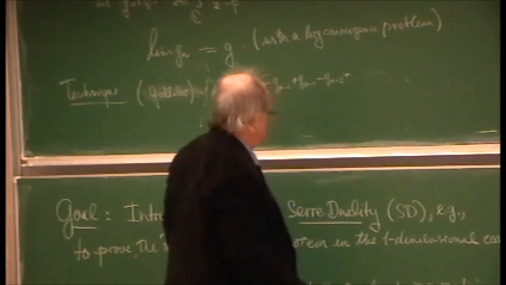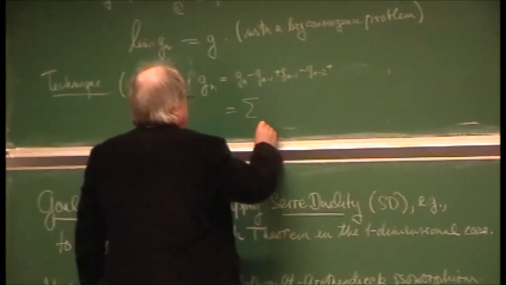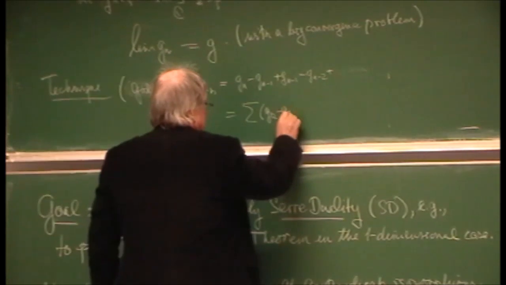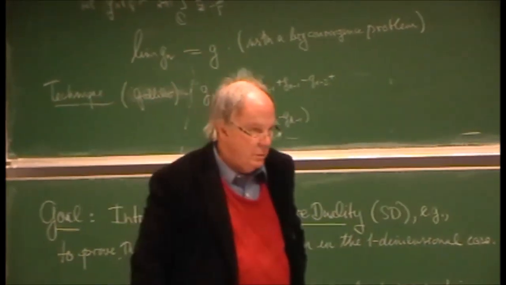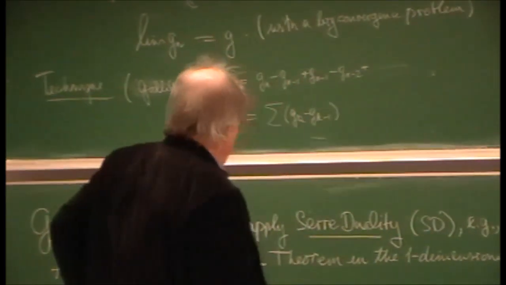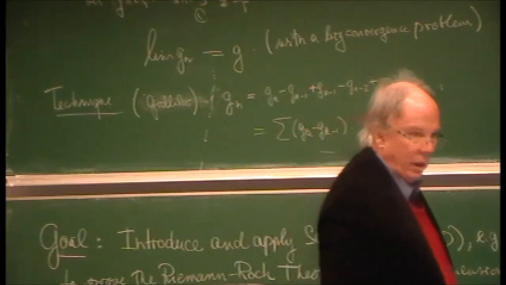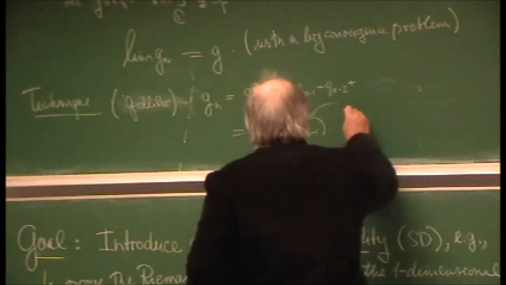The point being that we write Gn equal to a sum of terms, gk minus 1. You have to define G0 to be 0. You define it the right way, don't worry about it. And then you need to understand whether this series is going to converge.